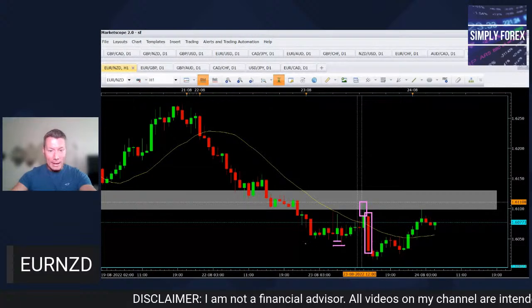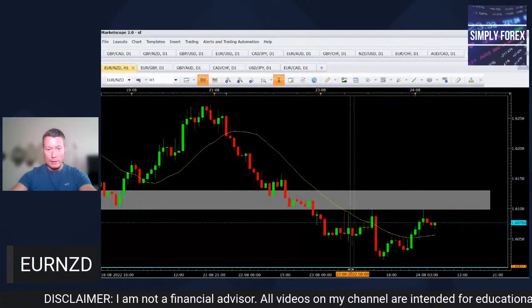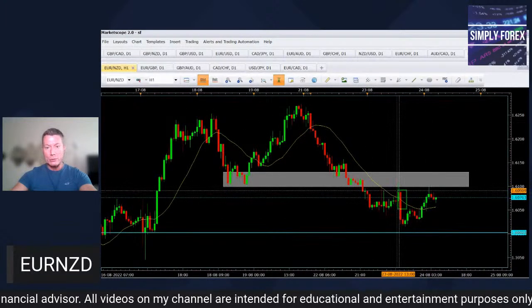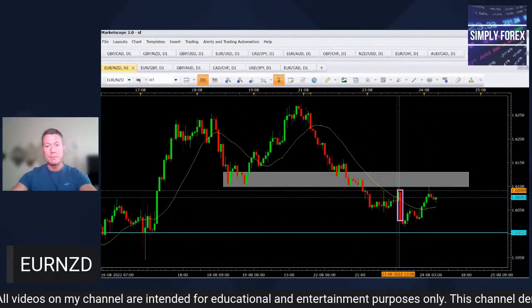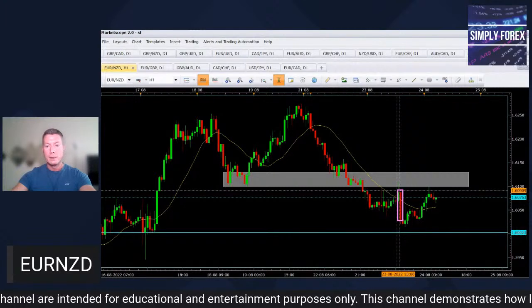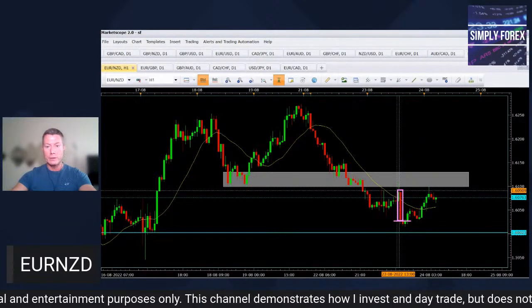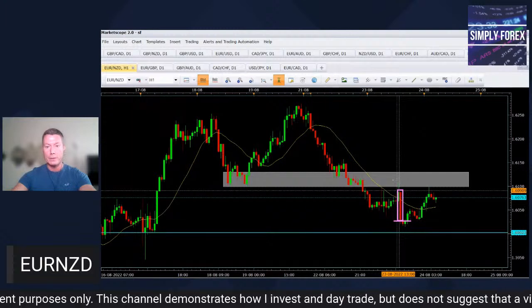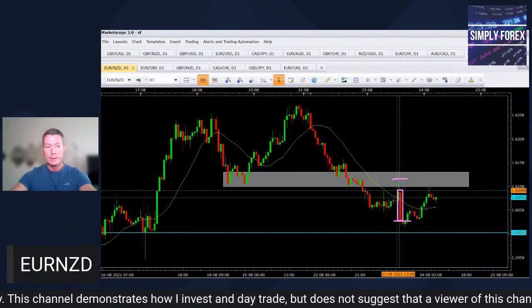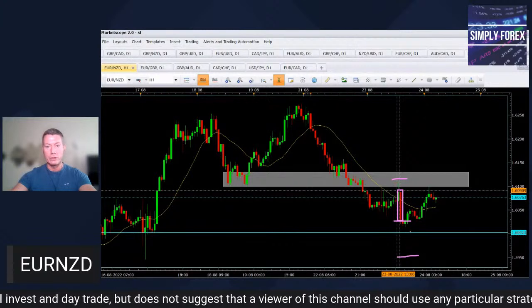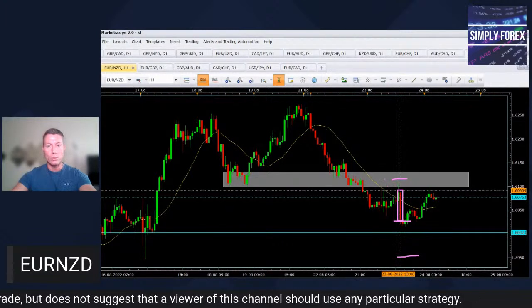But if I scroll out a little bit, what you'll see is that if we enter on this candle, we simply don't have enough room to move down into. Let's say we enter at the close of this candle and put our stop above this H1 swing high. We need price to come down to here for a risk to reward of 1:1.